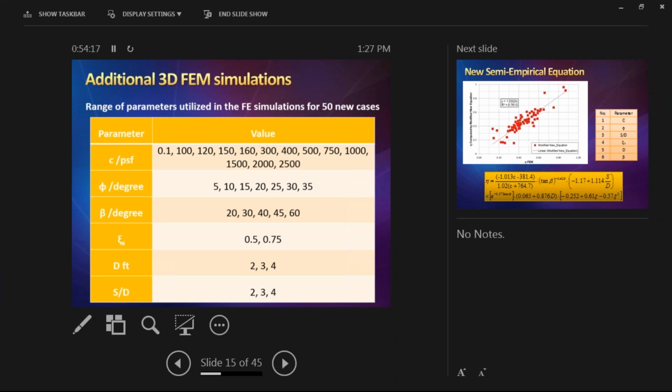And then the friction angle, 5 degrees. And the slope angle, we go as low as 20 degrees. For the location of the drill shaft, from a lot of research and from our experience, we know typically the optimal location is around the midpoint of the slope, a little bit down, so we're focusing on these two locations. Diameter is most often 2 to 4 feet, and spacing is 2 to 4. Those are the selected parameters in running these 50 additional finite element simulations.